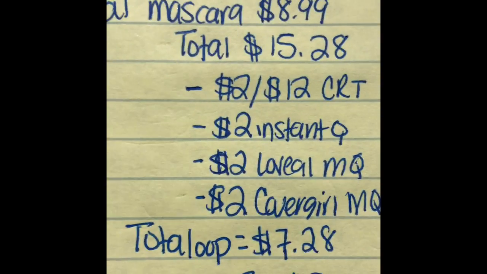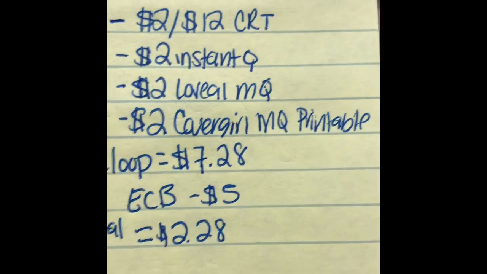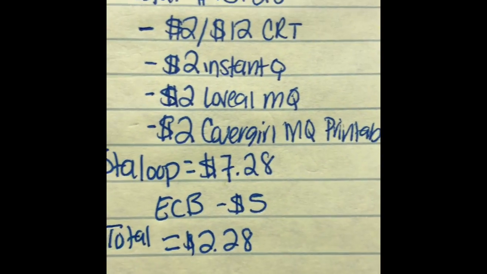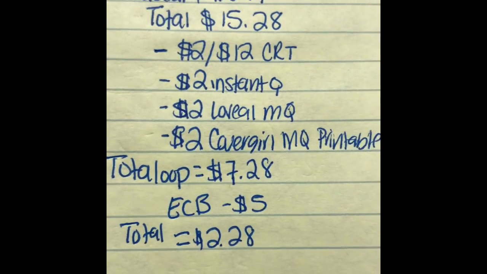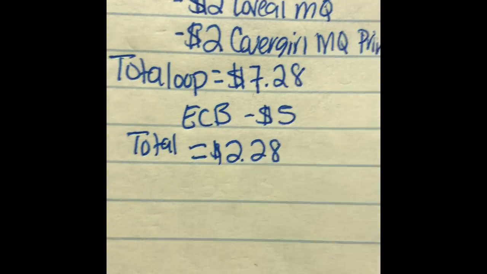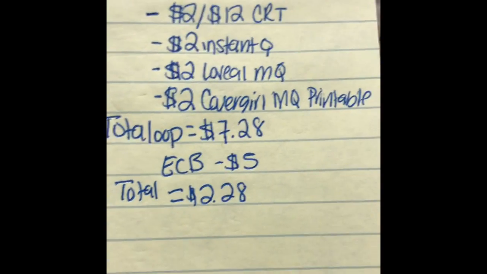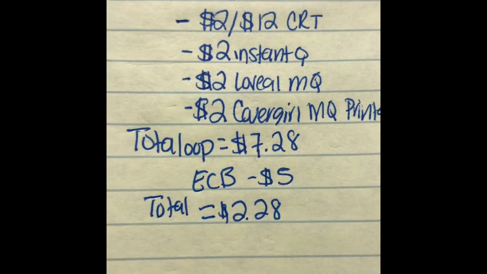So we're going to use all of those coupons, and it's going to bring our total down to $7.28, which is amazing, from $15. Now, if we want to roll a good old $5 extra buck, you can roll that as well, leaving your out-of-pocket to be just $2.28, and you're going to get back whatever extra bucks are included in this deal, okay?